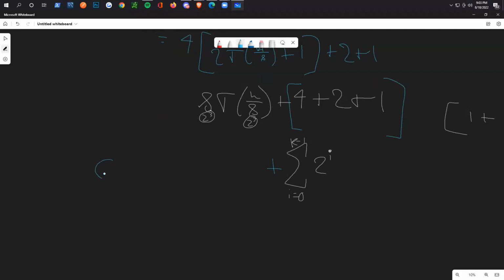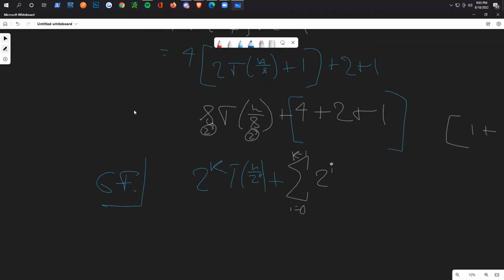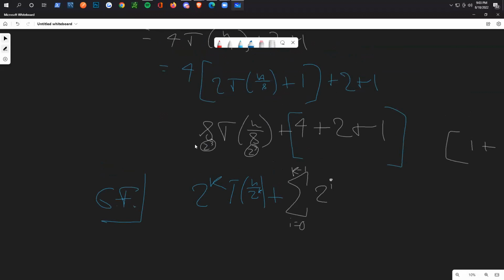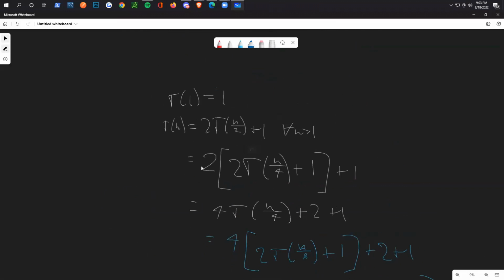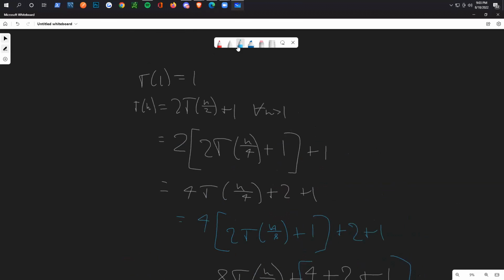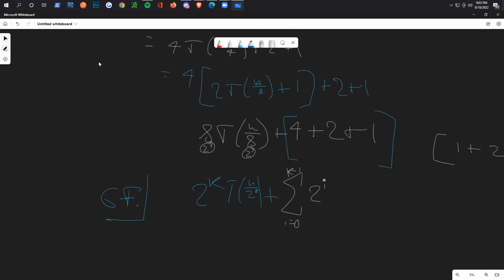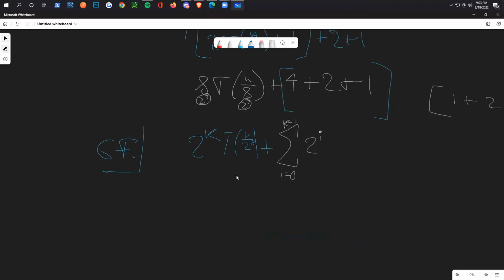Okay, so finding our GF, general form. This can be 2 to the k, and we have T of n over 2 to the k. Okay, so now we have our general form. Let's use our base case, T of 1 equals 1. Set what's in the base case, and what you pass into the function, equal to what's in this one right here.